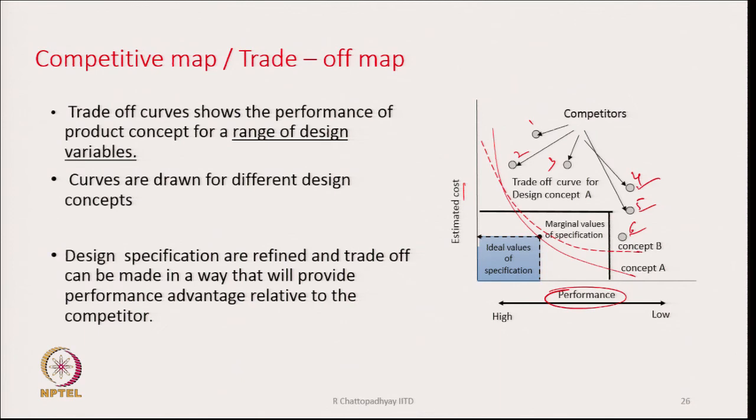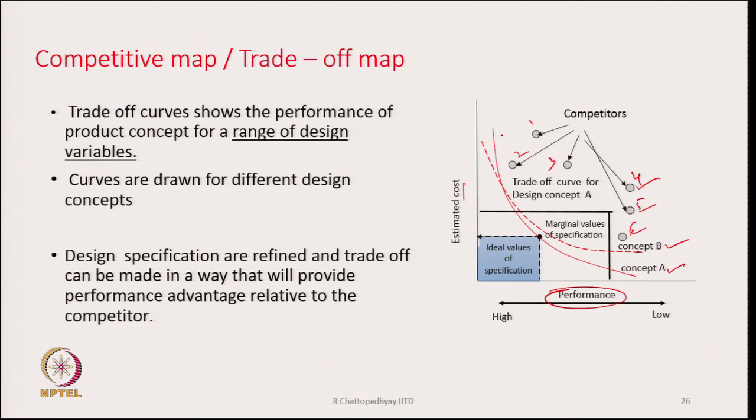We first make a chart like this, and then we draw the curves for our design case, concept A design and concept B design. What is the performance versus cost curve that is shown here?